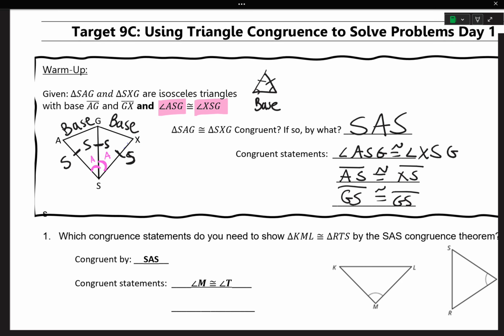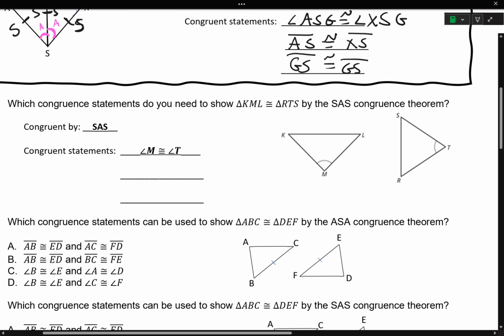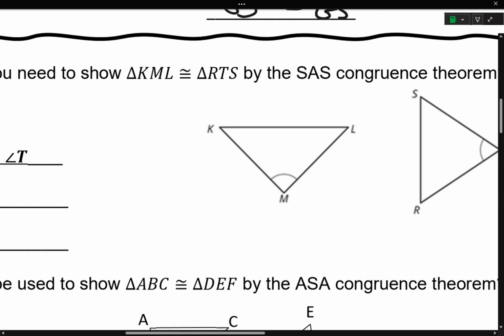Let's take a look at number 1. Which congruent statements would we need to show that triangle KML is congruent to RTS by side angle side? We are already given that angle M and angle T are congruent to each other. If I want side angle side, and we already have our angle, I need to put a side on the left and a side on the right.